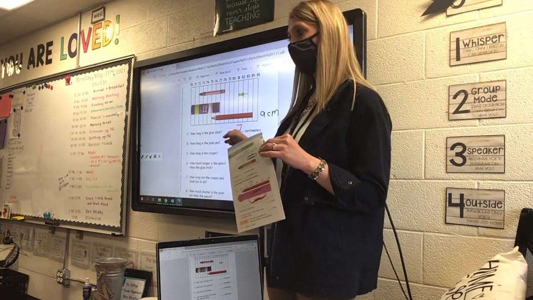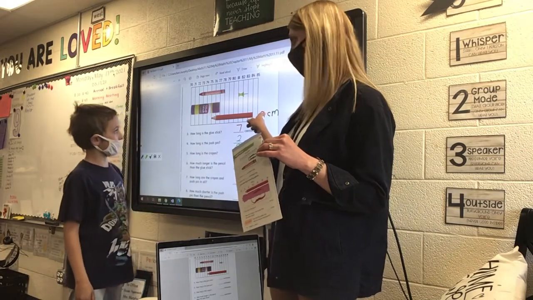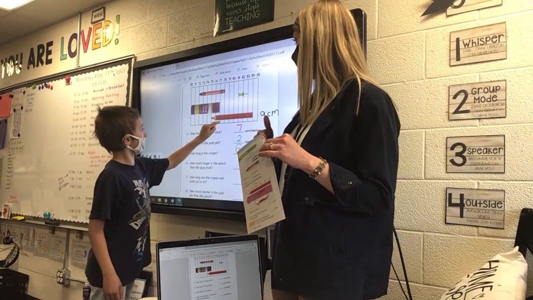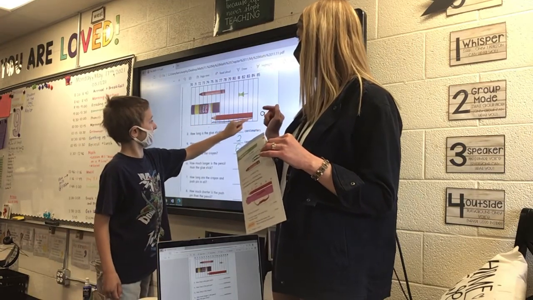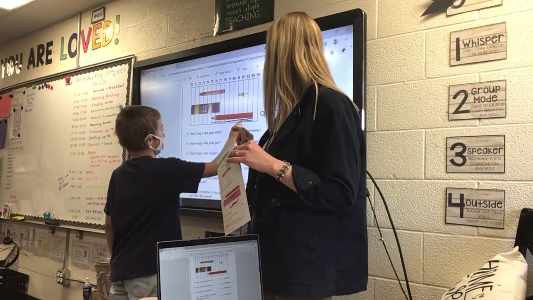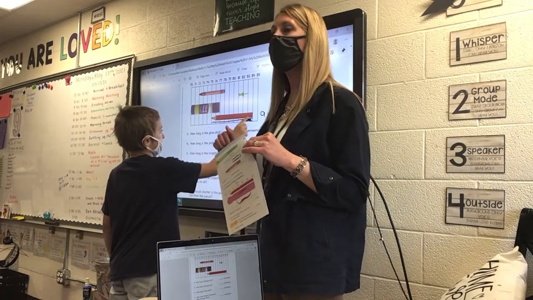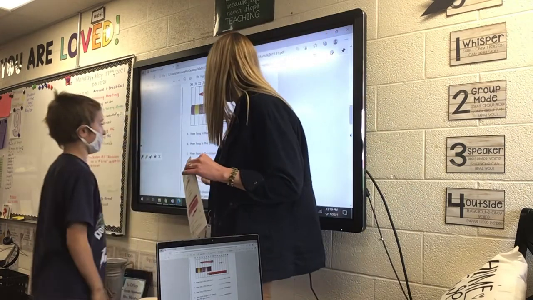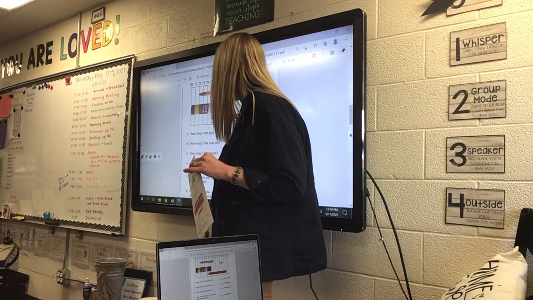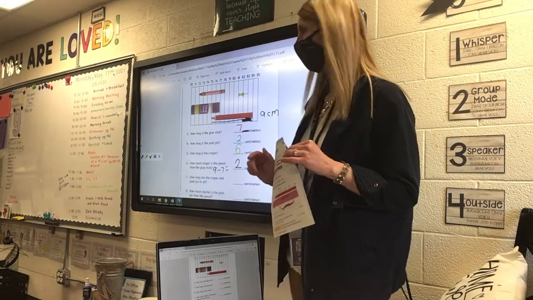The glue stick is 7 and then the pencil is 9. So 2 more. Good job. Okay, so Mason's right. So right now, we should take the 9 for the pencil, take away 7 for the glue stick, and the difference is 2 centimeters.